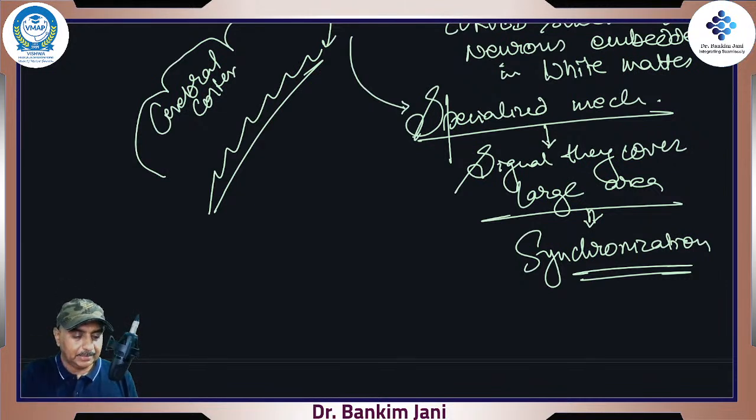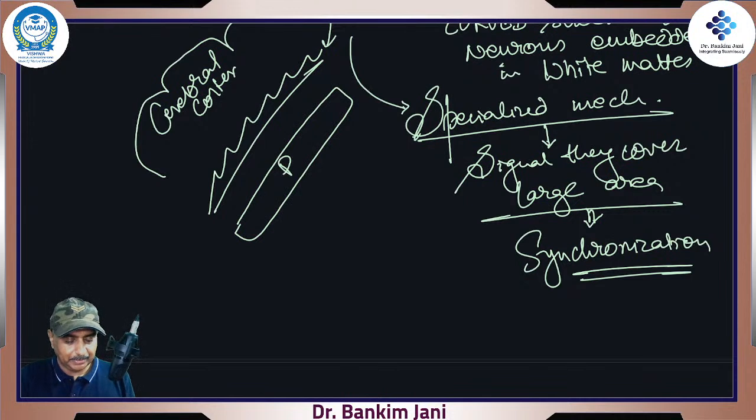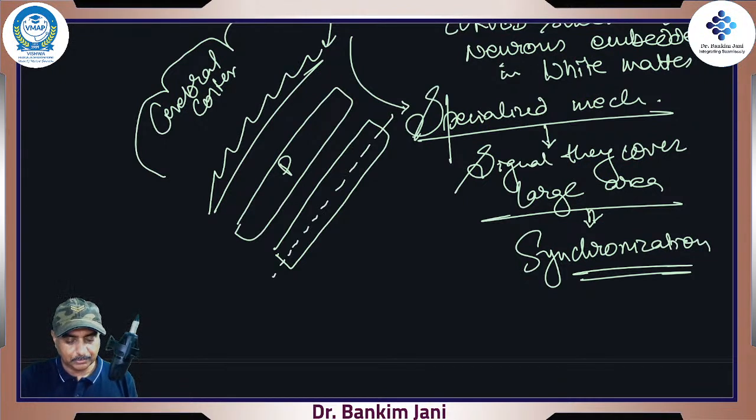So once again, there is claustrum, then there would be putamen, then globus pallidus, but it has two parts. This is globus pallidus external, this is globus pallidus internal.